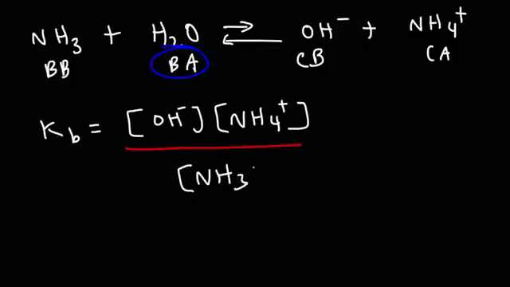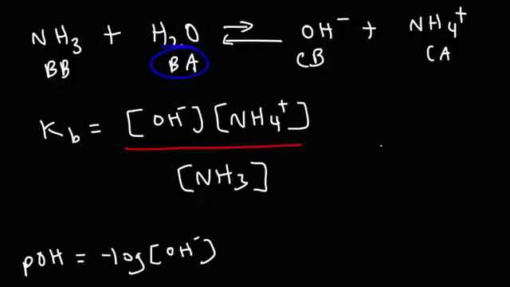So that's the equilibrium expression for Kb when you have a base reacting with water. Now, just as the pOH is equal to the negative log of the hydroxide concentration, pKb is equal to negative log Kb.